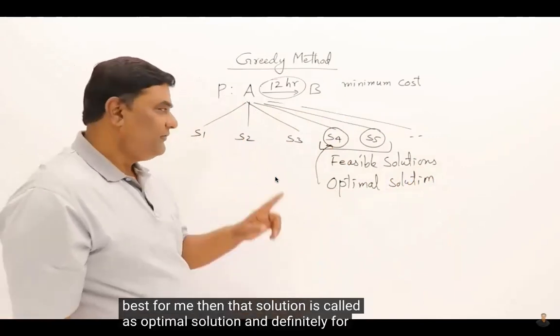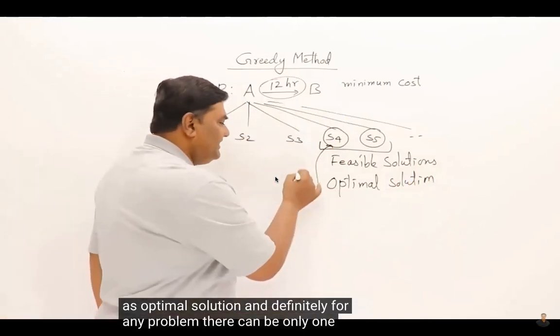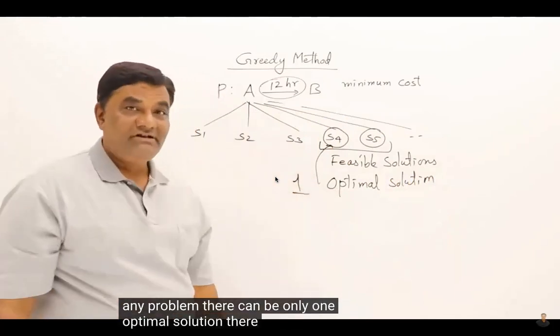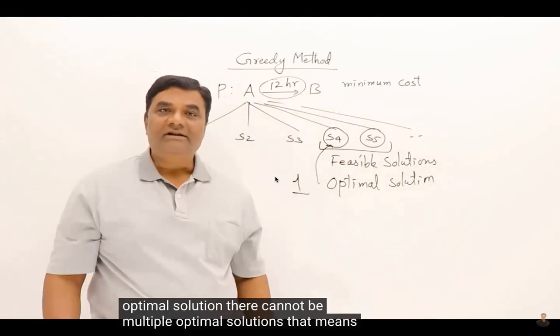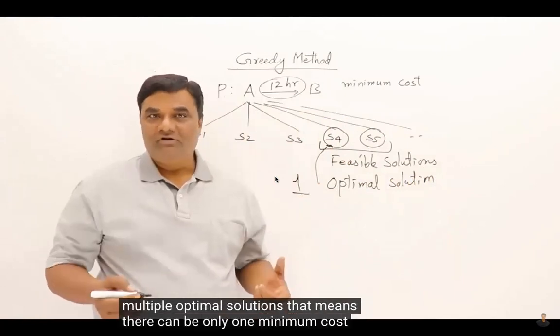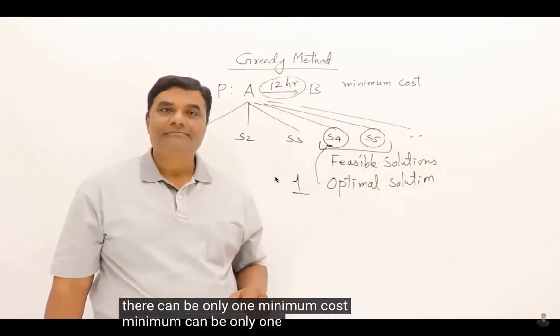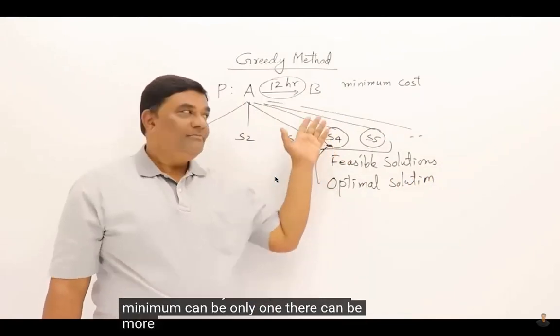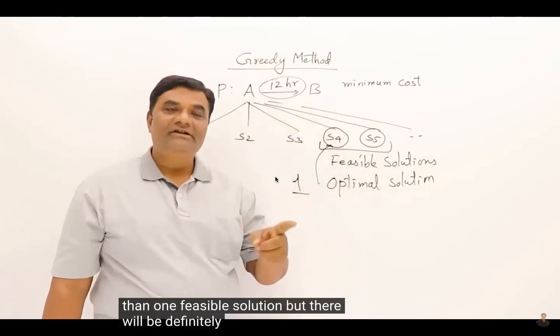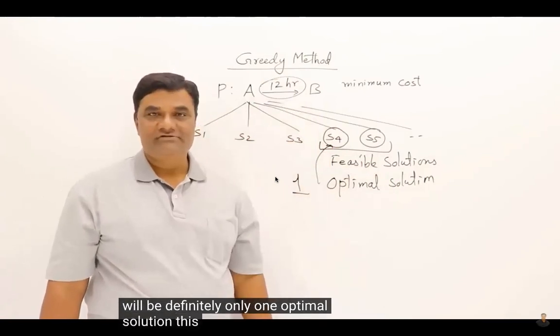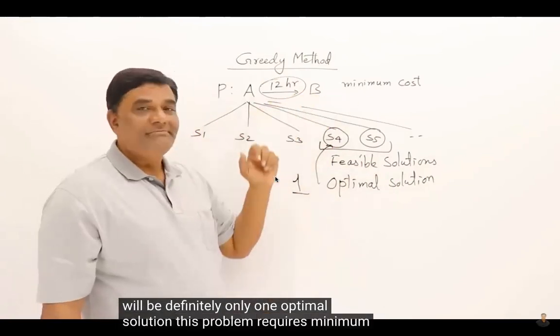And definitely for any problem, there can be only one optimal solution. There cannot be multiple optimal solutions. That means there can be only one minimum cost. Minimum can be only one. There can be more than one feasible solution, but there will definitely be only one optimal solution. This problem requires a minimum result.